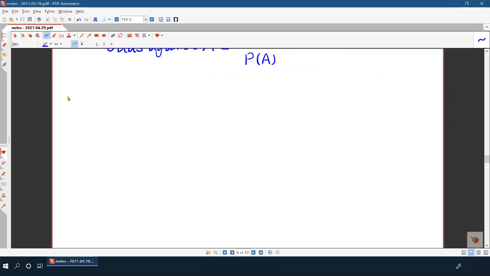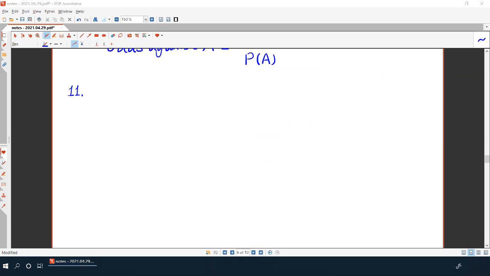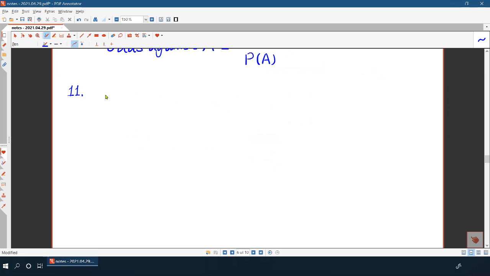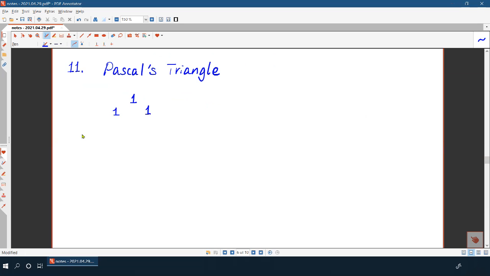Next, we have learned Pascal's triangle. So what is Pascal's triangle? Pascal's triangle is a series of numbers from row 0 and onwards, right?